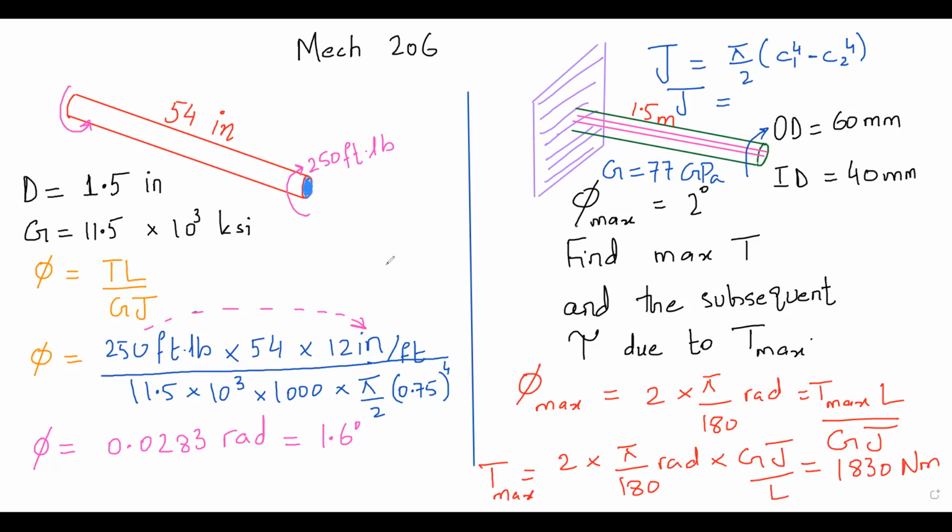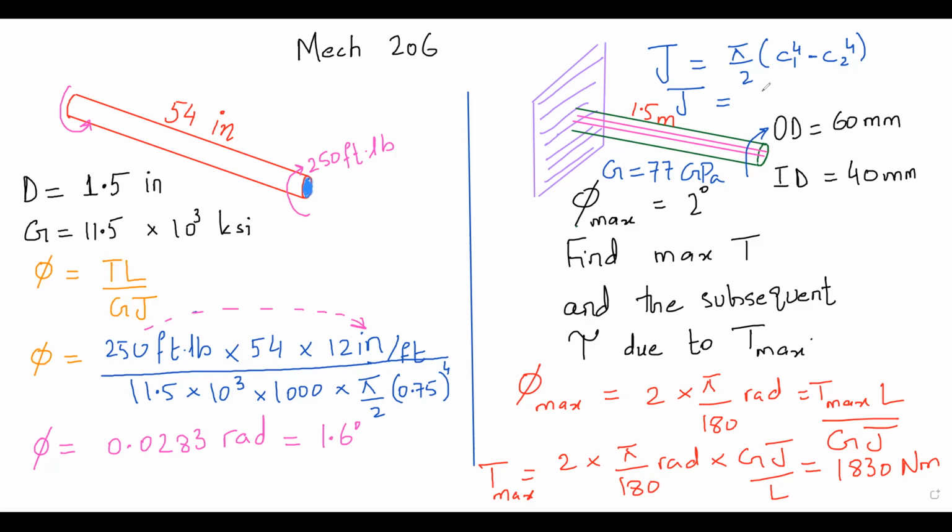Give me the value of J as well, because at least in my notes I have to write it. So, end to end, the shaft or rod is allowed to twist no more than 2 degrees, right? Now I have the formula that phi is equal to TL over GJ.